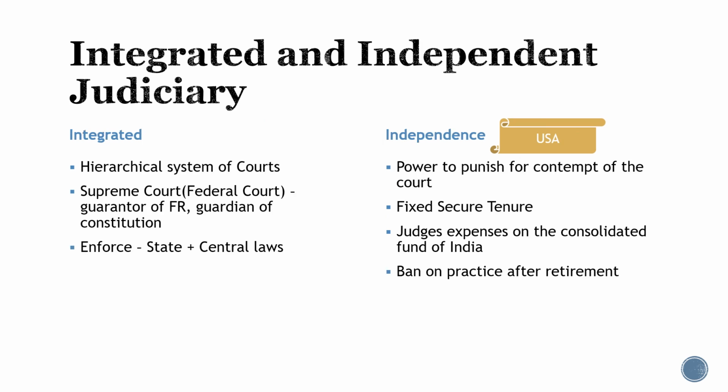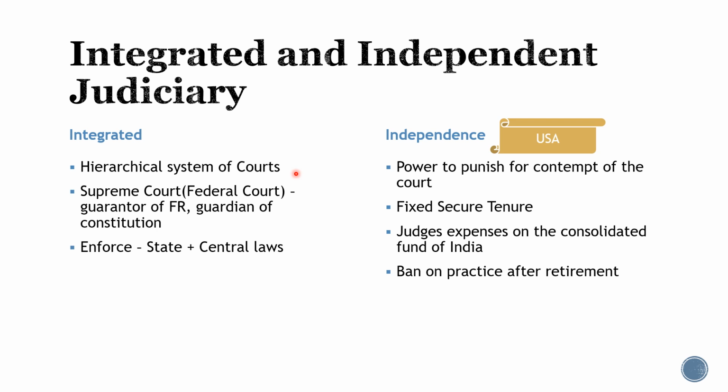So, in line with the different contrasting features that our constitution has, another one is an integrated and independent judiciary. Our judiciary system is independent, and while being independent, it is still integrated with the entire system in the country. Integrated means there's a hierarchical system of courts.